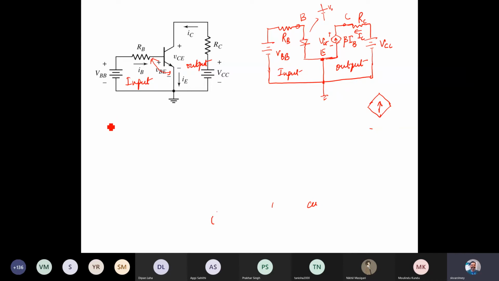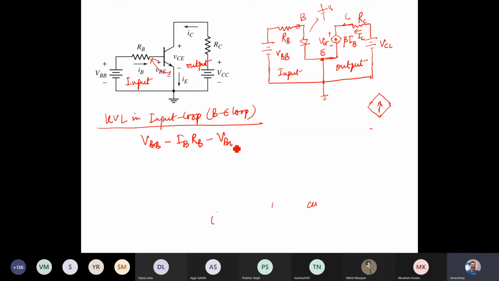So if we write down the KVL in the input loop, that's base to emitter, we get VBB minus IB into RB minus VBE on equals 0.